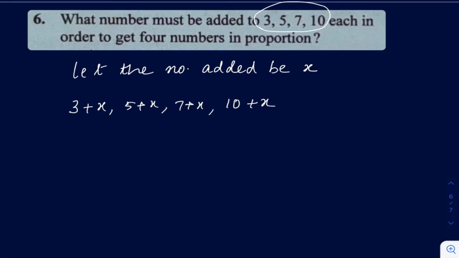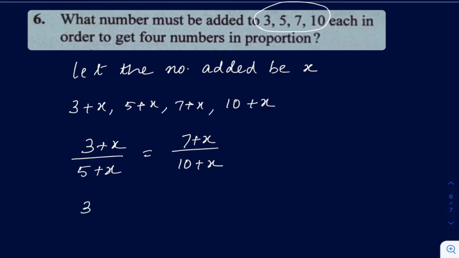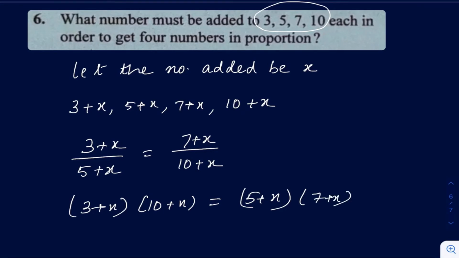So what have we studied? The ratio of the first two terms is equal to the ratio of the last two terms. So cross multiply them. (3 plus x)(10 plus x) equals (5 plus x)(7 plus x). So solve it.